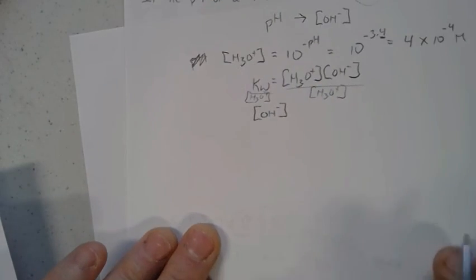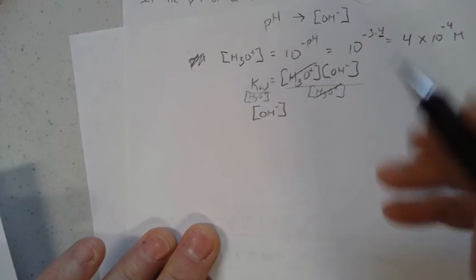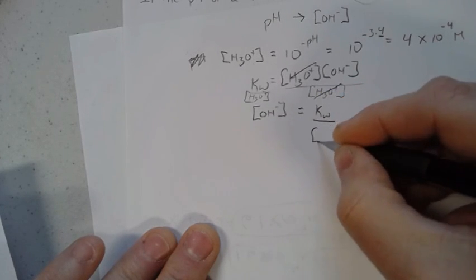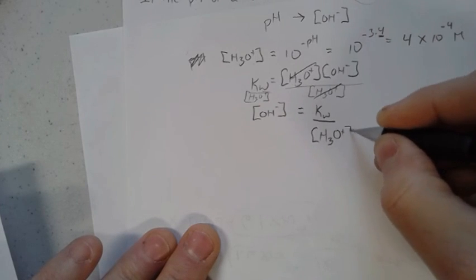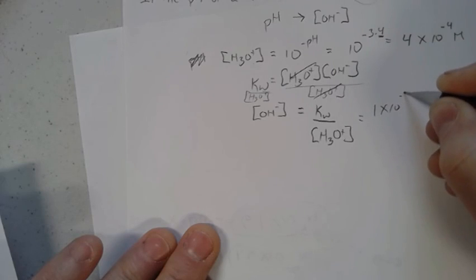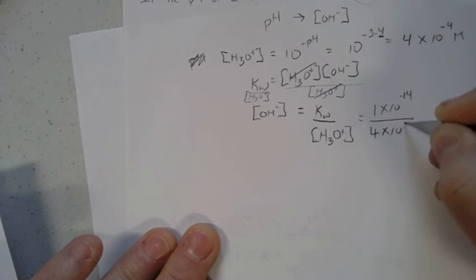And therefore, those cancel out. Hydroxide is equal to Kw over the concentration of hydronium. And therefore, I have 1 times 10 negative 14 divided by 4 times 10 negative 4.